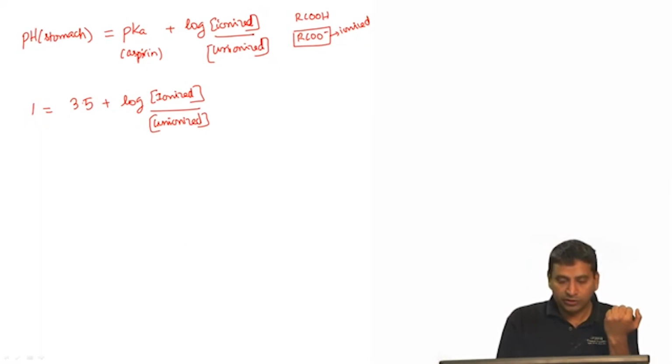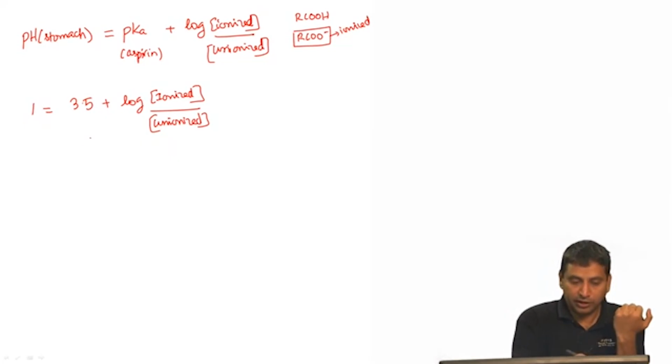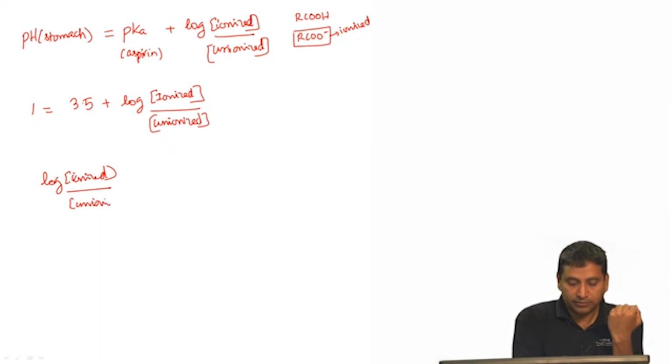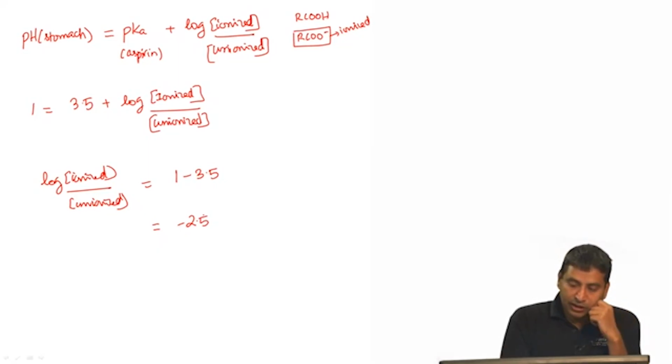So, what we would do is take 3.5 to the other side. So, log of ionized divided by unionized is 1 minus 3.5, which is equal to minus 2.5. Okay. In order to find this ratio, we would need to take the antilog.